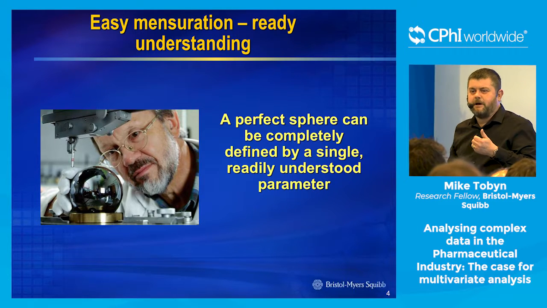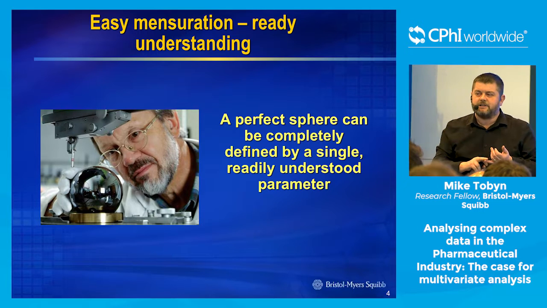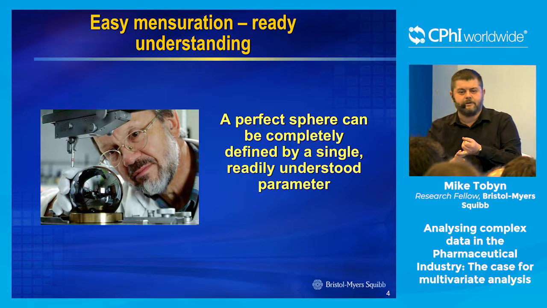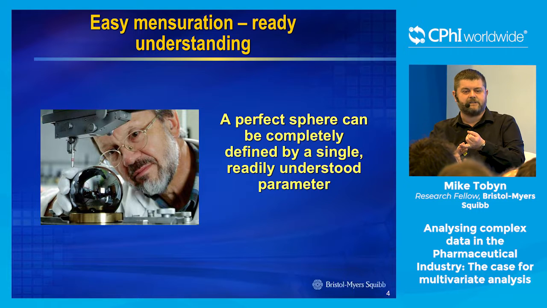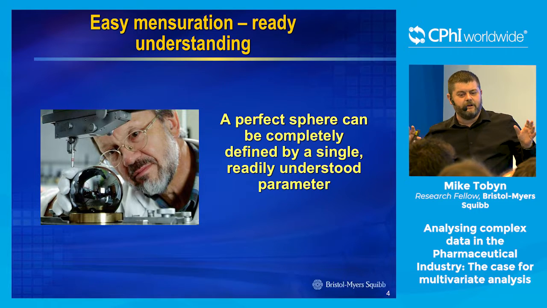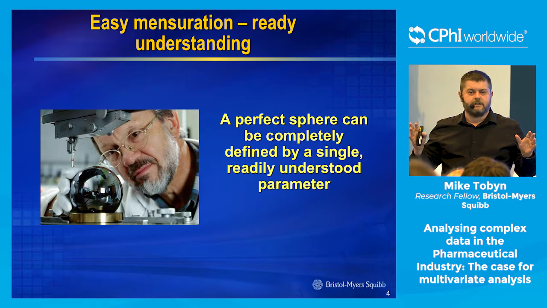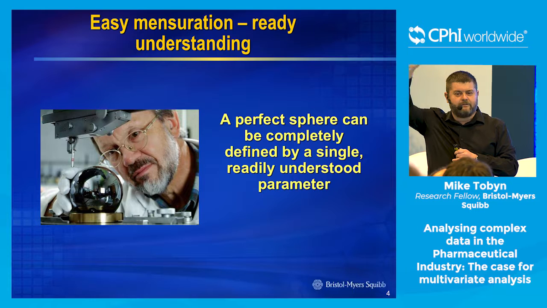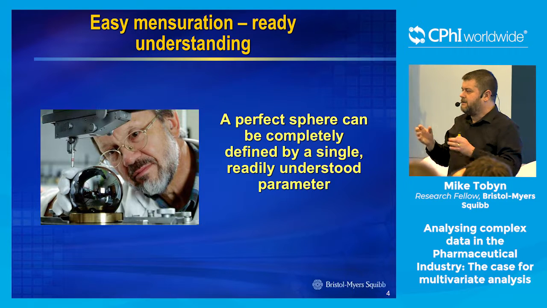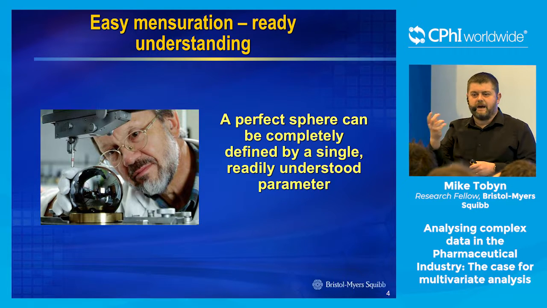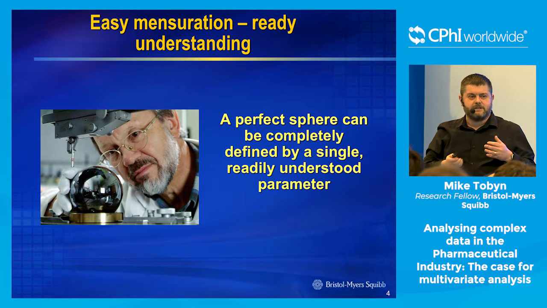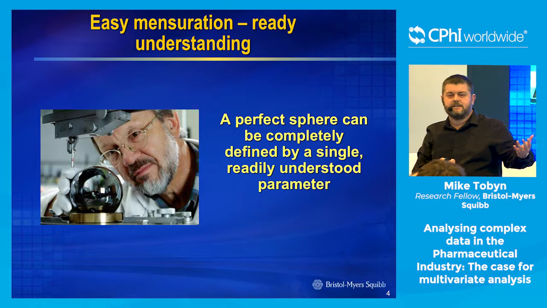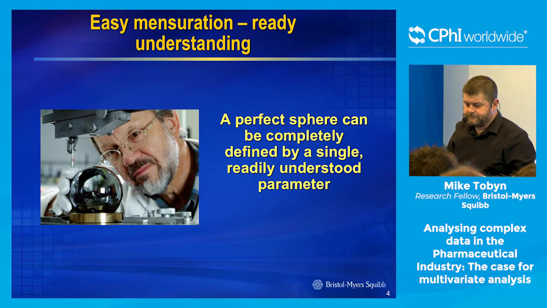All you need to know about that thing to understand it is what it's made of, and then what its radius or diameter is. You can work that out. Everything else you can infer from that. You can work out how far you could throw it, how long it would take to hit the ground, almost anything, just by knowing 1 or 2 parameters. So if something's easy to measure, data analysis is relatively easy.